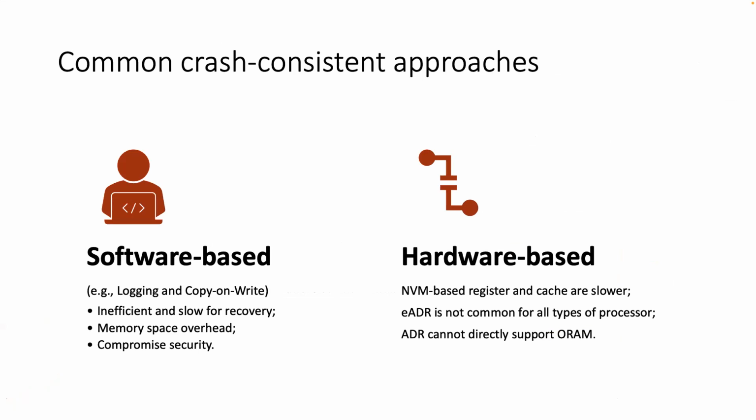Moreover, if we only selectively log the changed data, it may compromise security. But hardware-based solutions, such as replacing all on-chip buffers with NVM, are very slow. And there's a newer technology called extended ADR, which is not commonly seen for all types of processors, and it is also very expensive in terms of energy and recovery time overhead.